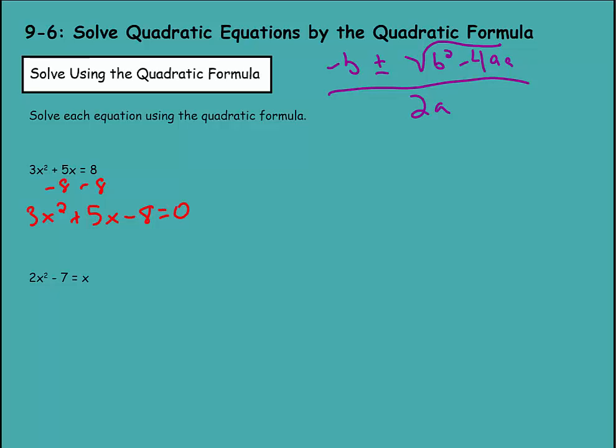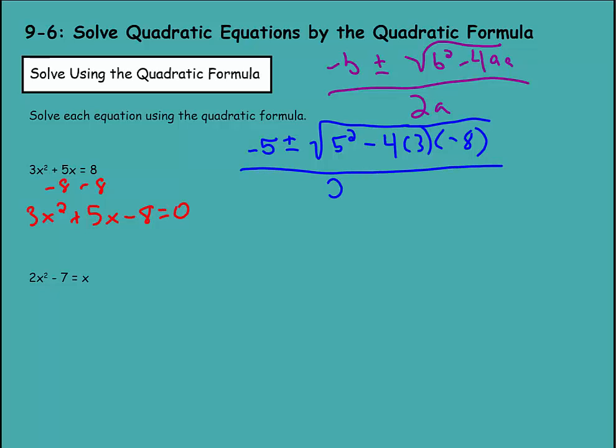So plugging in our numbers, b is 5, so we have negative 5 plus or minus the square root of 5 squared minus 4 times a, which is 3, times c, which is negative 8. Extend our square root sign here. And that's all over 2a, so 2 times 3.